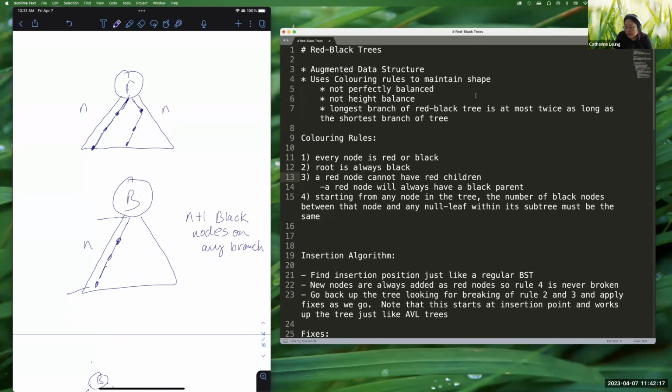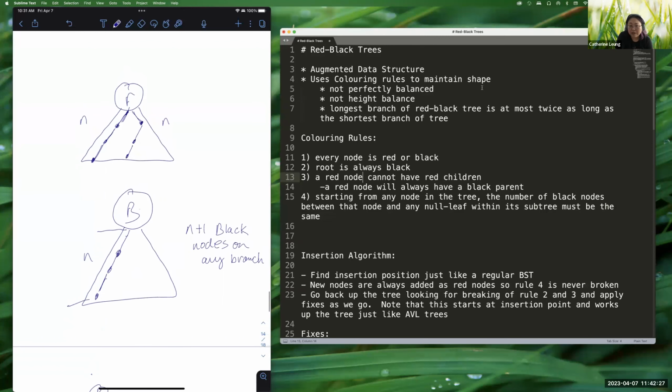It doesn't really matter. I'm just going to get n plus 1 when I'm done. Okay, so this is what happens when I change the root. So if that first fix, where if the root ever turns red, turn it black, is not going to harm anything. I'm still going to have the correct number of black nodes. Okay, I didn't break rule number 4. Okay, so the fix is good.